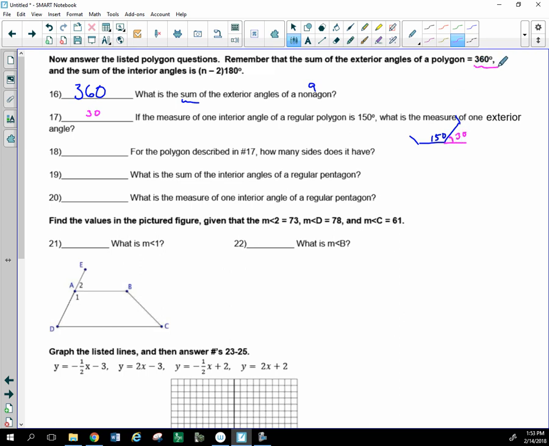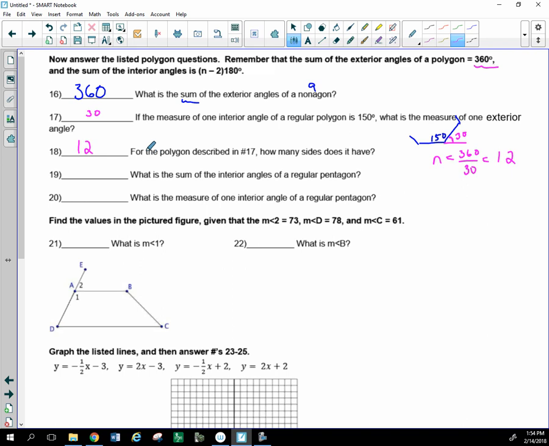Since I know the exterior angles sum to 360 degrees, the number of sides will be 360 divided by 30. The number of exterior angles is the same as the number of interior angles, which is the same as the number of sides. So 360 divided by 30 is 12, and so this shape in 17 has 12 sides.